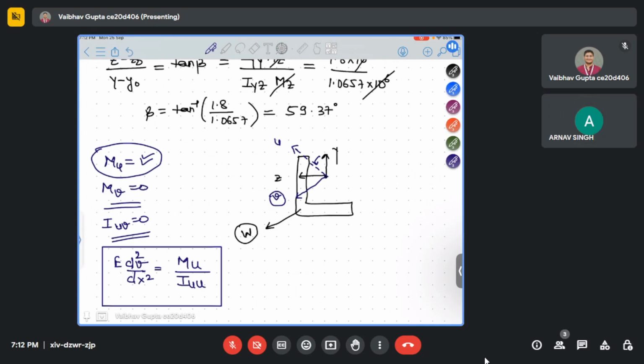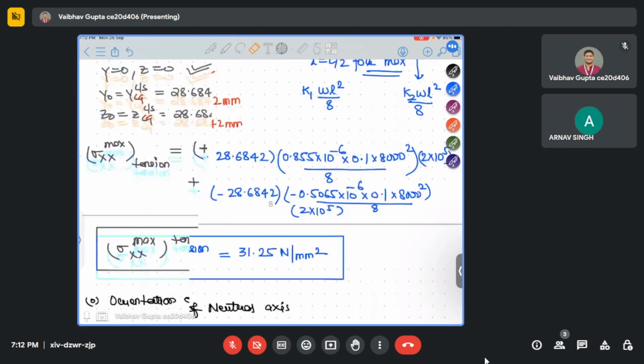So if it is anti-clockwise, then you have to put it like this. Understood? This dotted line. Okay, sir. Understood this question what I have solved today?